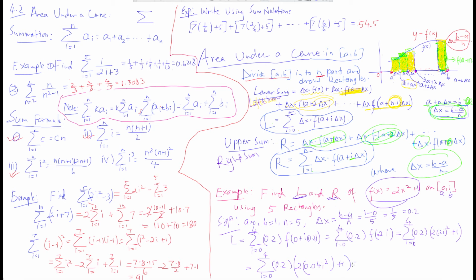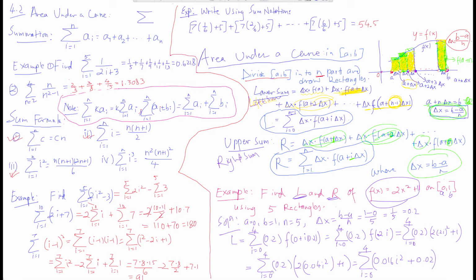Next, i runs from 0 to 4, and I'll just simplify this, okay? So 2 times 0.04 will be 0.08, times 0.2 will be 0.016, I think. So 0.016 i squared. You see that? And then plus, how much is that? 0.2. 0.2. That's what you get.